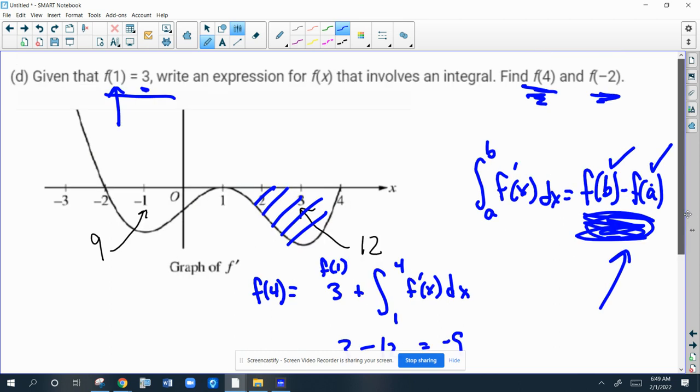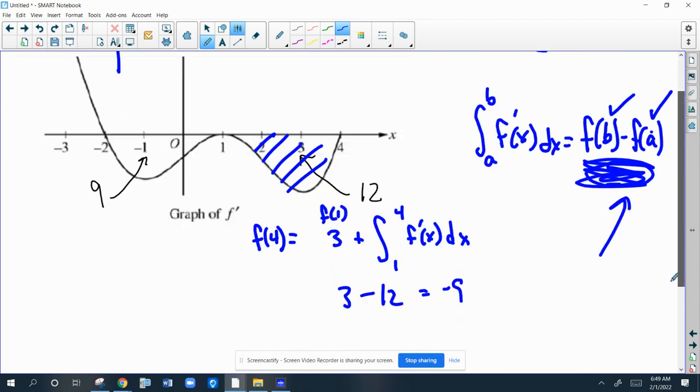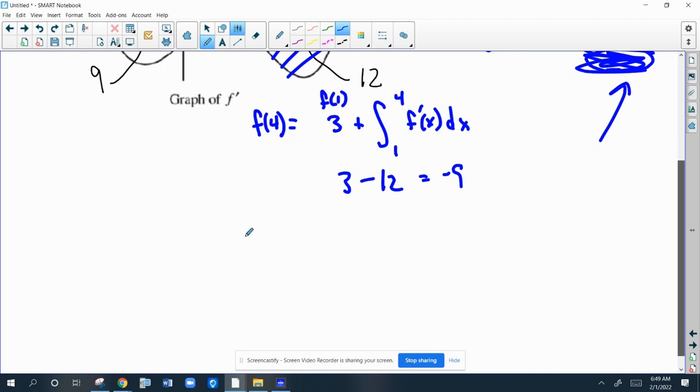And then f of negative 2 is just as easy, except you have to watch out here. When we try to do f of negative 2, we don't do it any differently. We're still starting at a value of 3 at 1. And then for the change, we're starting at 1 and going to negative 2.